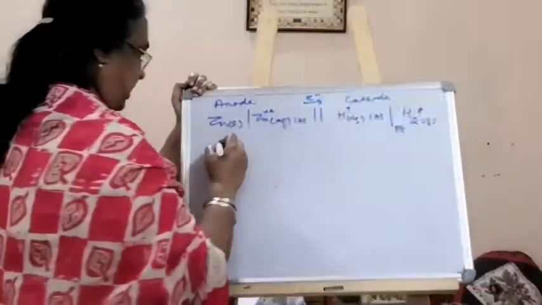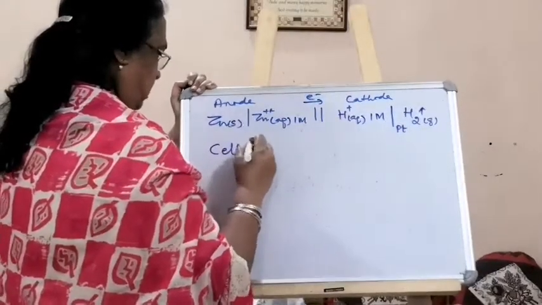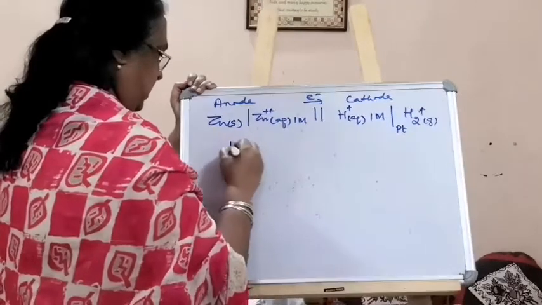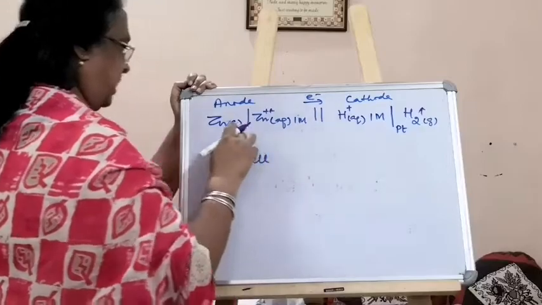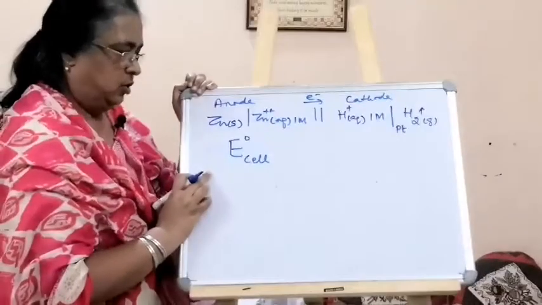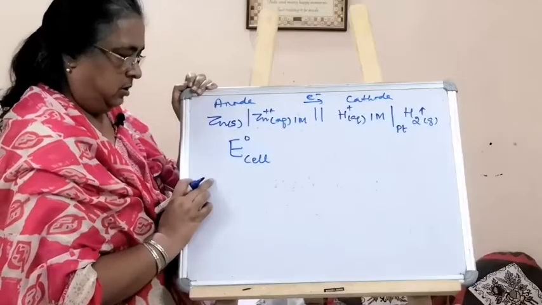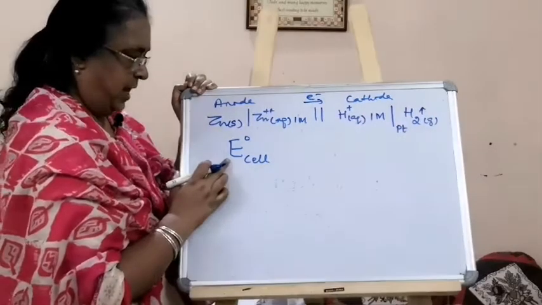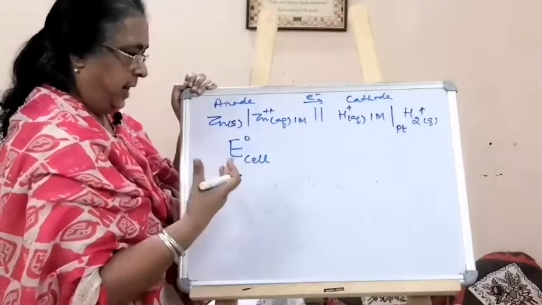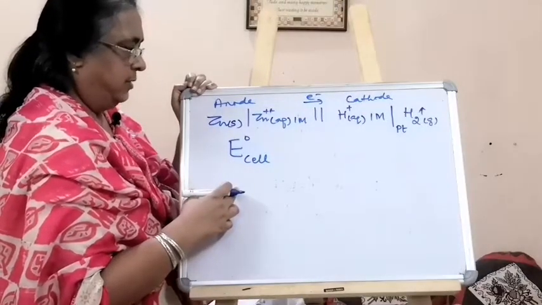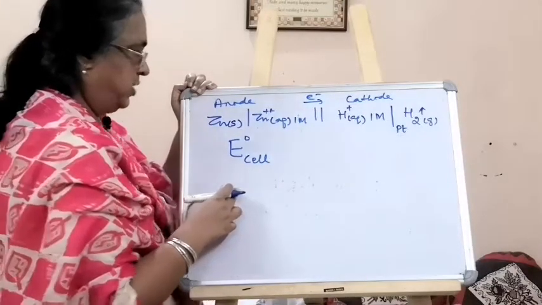So cell potential, or if I write symbolically, E0 cell, you know that the 0 sign indicates standard condition. So standard electrode potential of the cell, that means at 298 Kelvin and 1 molar concentration.